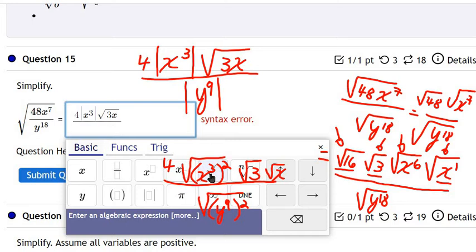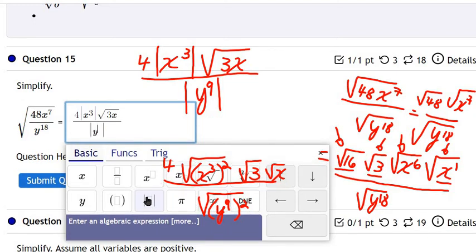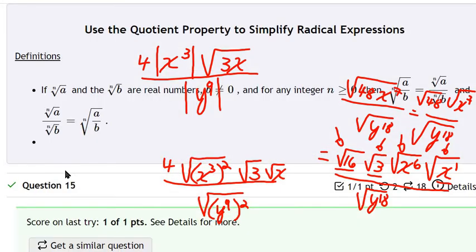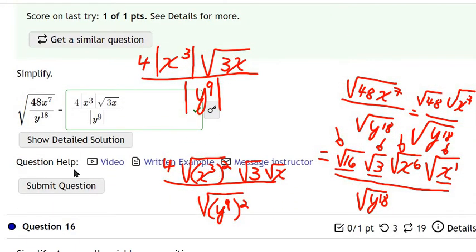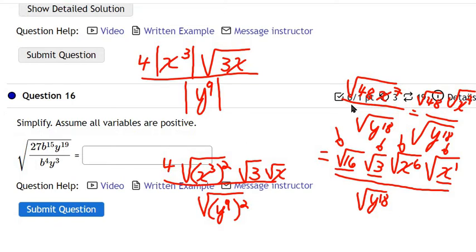And in the denominator, I'll have the absolute value, so I'll hit the absolute value button once again, of y to the power of 9. And hopefully it accepts the offering. Yes, it likes that. So that's how you simplify this kind of radical here. All right, let's take a look at this last one here.